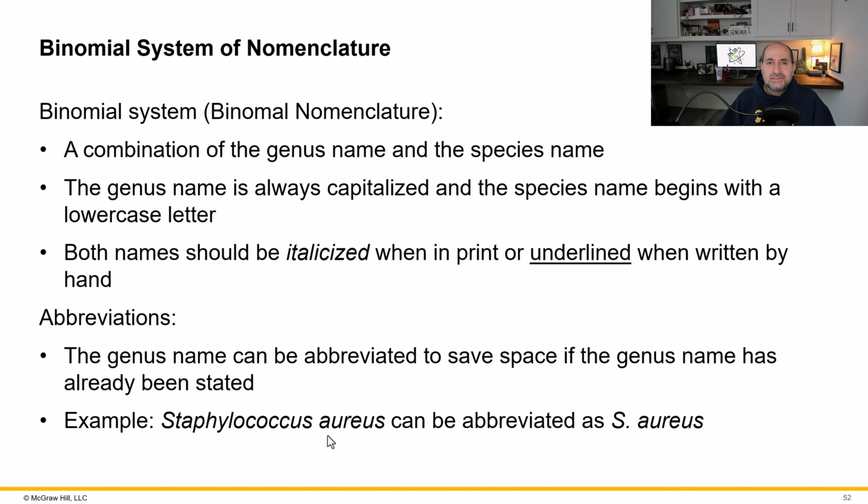Well, what does the E stand for? That's its genus, Escherichia. Escherichia coli. I know it's a tongue twister, but that's what it is. Escherichia coli is shortened to E. coli. And of course, I'm going to either italicize that or underline it. And I'm going to capitalize Escherichia, or E, and I'm going to have a lowercase for coli, for C.